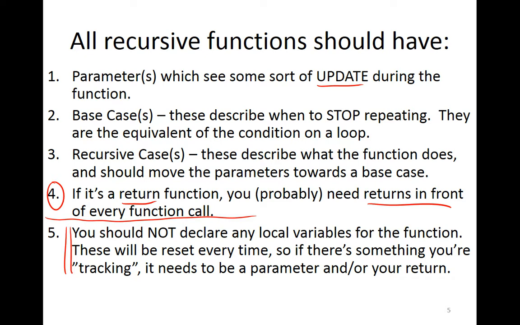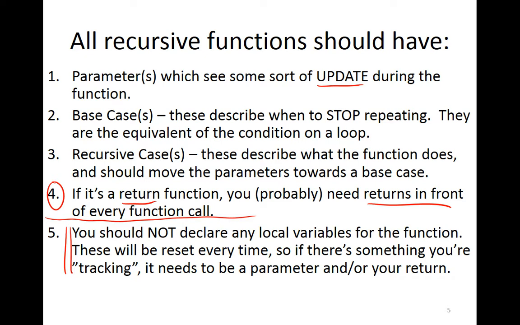The reason is, think about a function that's going to call itself 10 times. Every time you call that function, it's going to make a fresh copy of that variable. Not only is that wasteful of memory, but every time you make a new version of it, it's been reset. So I'm not really sure what purpose you would even have for doing it.